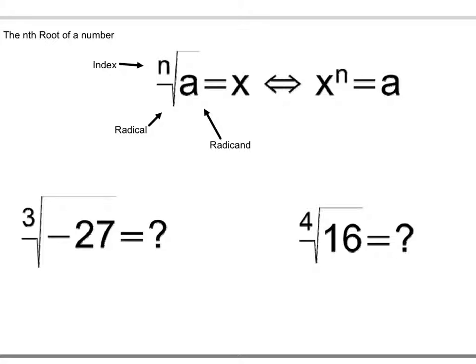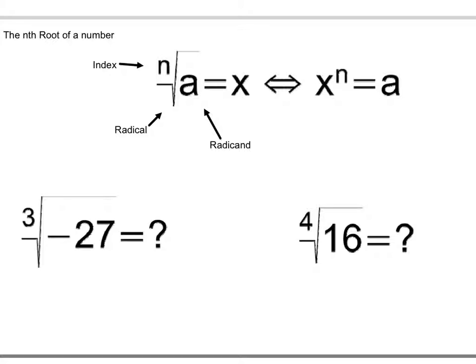Typically, we won't talk about the first root where n equals 1 because it's not an interesting case. Usually it will be above 2 or 3 for this section, but what you will encounter mostly during your mathematical studies is a square root or a cube root.